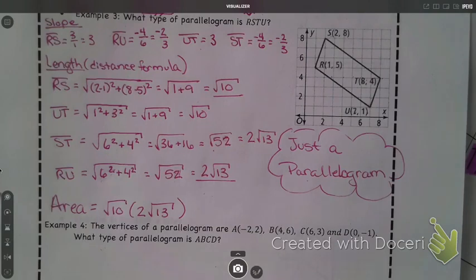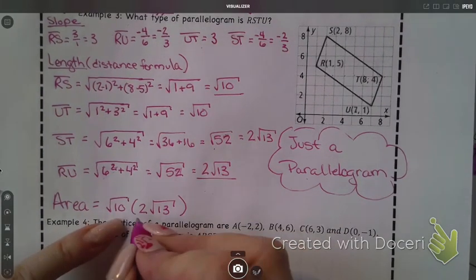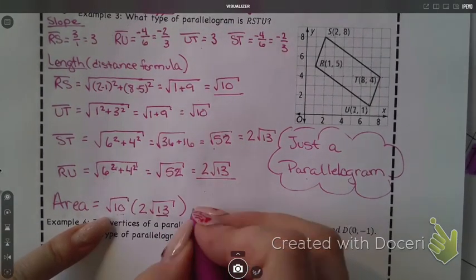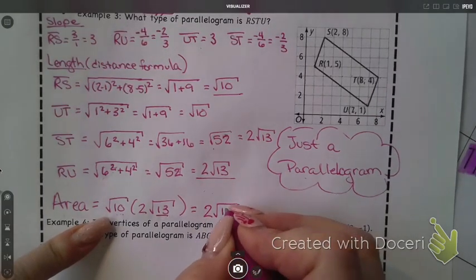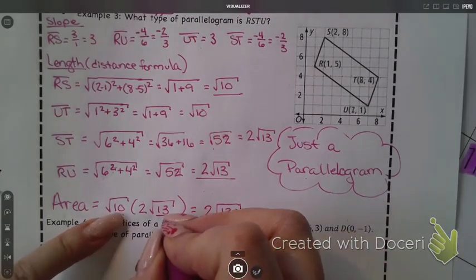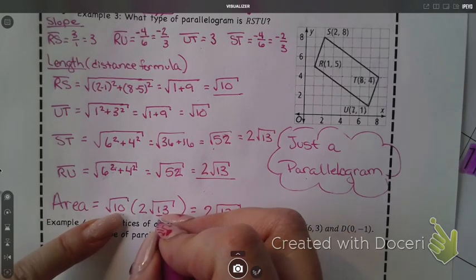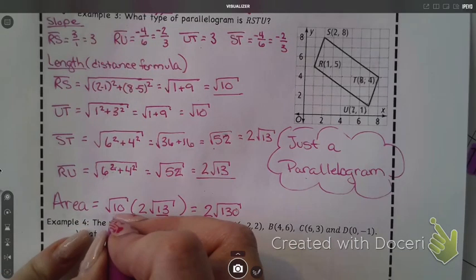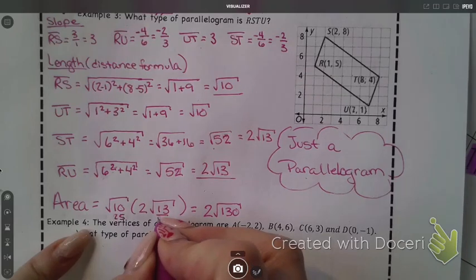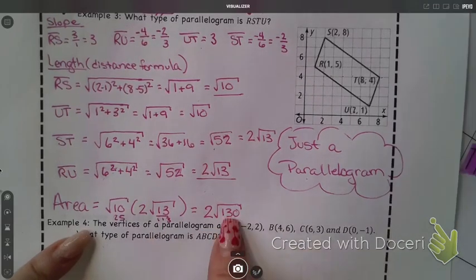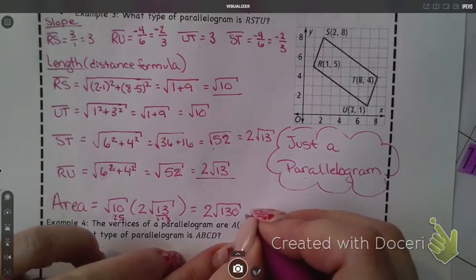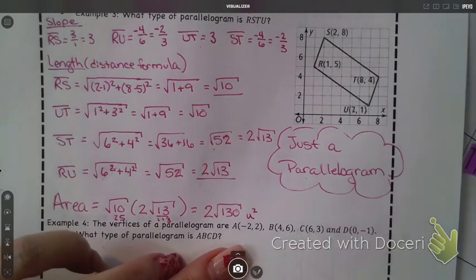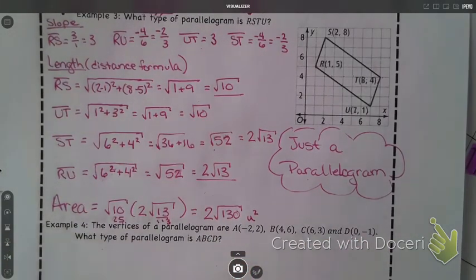So this would be 10 times 13, which is what? 130. Now, does 10 or 13 have any common factors? No. 10 is 2 and 5, and 13 is 1 and 13. So am I going to be able to simplify 130? No. So this would be the square root of 130 units squared, whatever the units were. But do you see how they can ask you other questions?